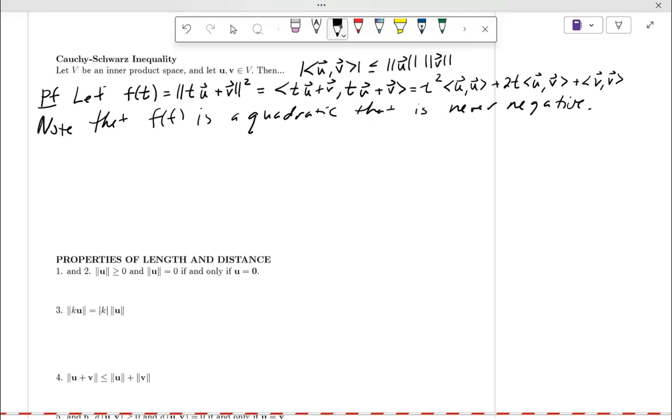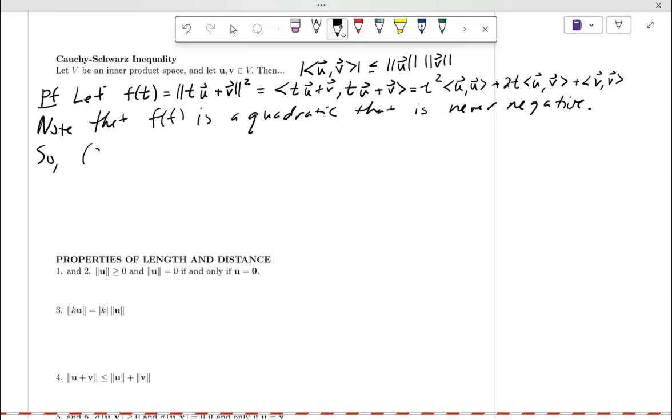Okay. So that's what we have over here, isn't it? So remember what we call this under the square root? The discriminant, right? So what is the discriminant here? What is the coefficient? What is b? B is the coefficient on the x term or the t term, right? What is b? 2 times the inner product of u and v, right?